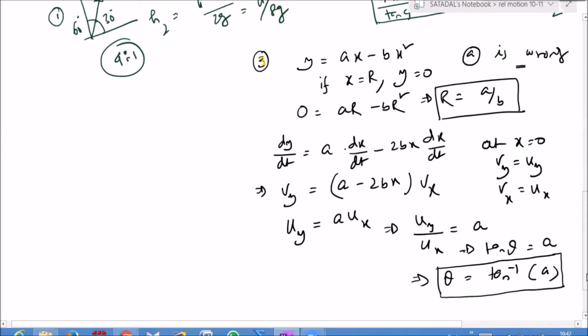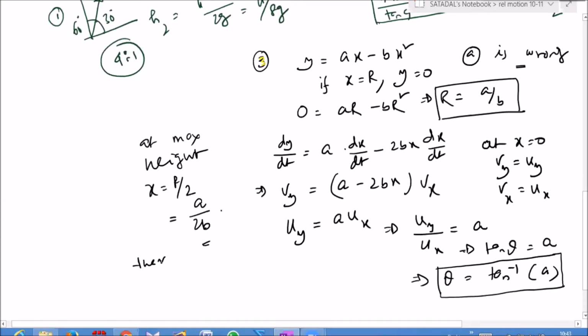Right. Next you see, they are asking maximum height. So you check, at max height, x is equal to capital R by 2. R is A by B, so R by 2 means it should be A by 2B.